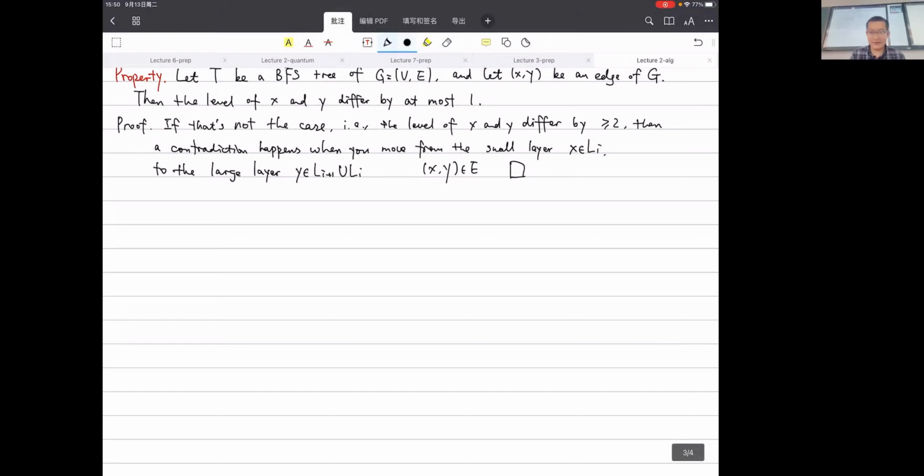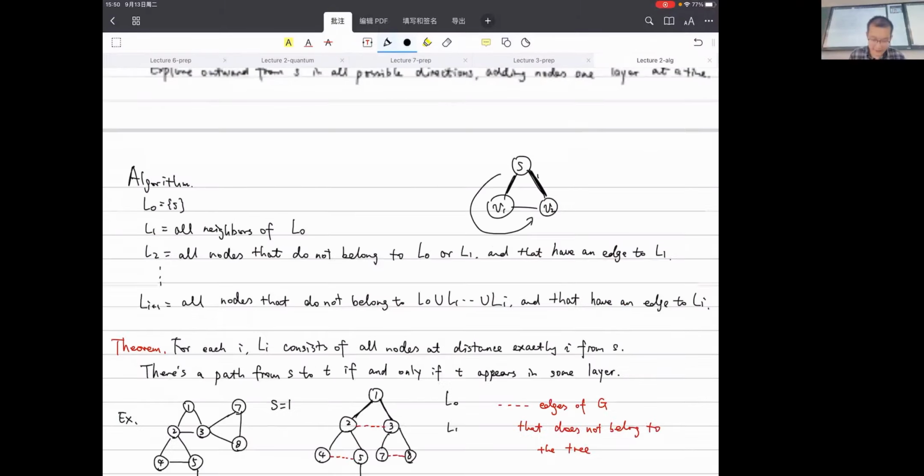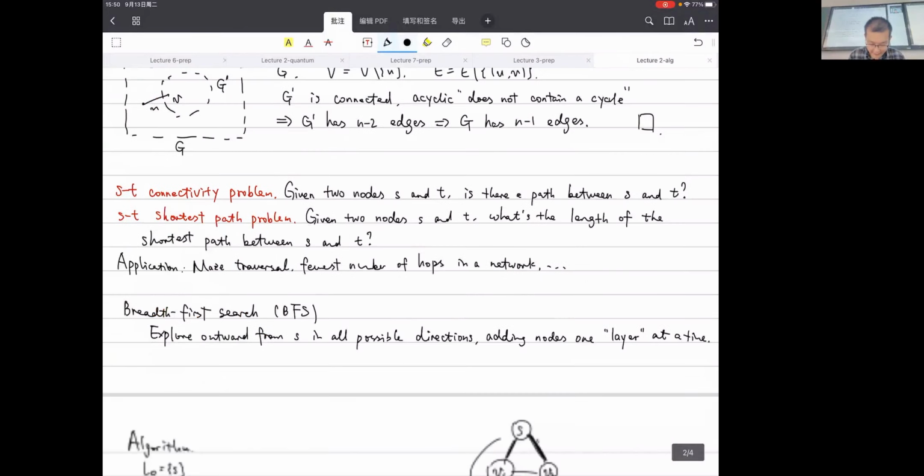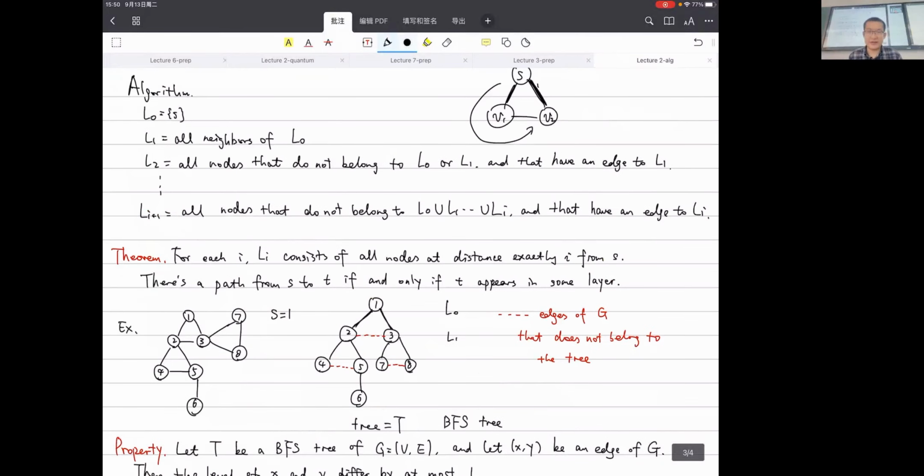In general, if you consider such a layer construction, the layers have a relatively complicated structure, and maybe you want to think about a more intricate data structure to give a good maintenance of the layers.